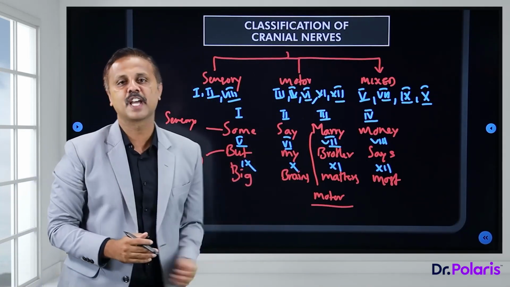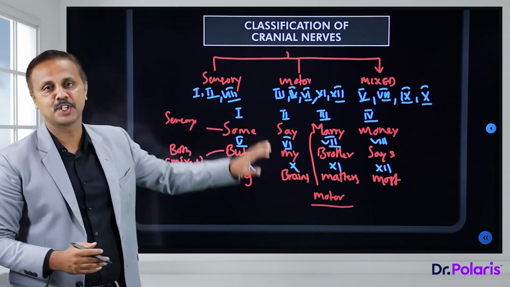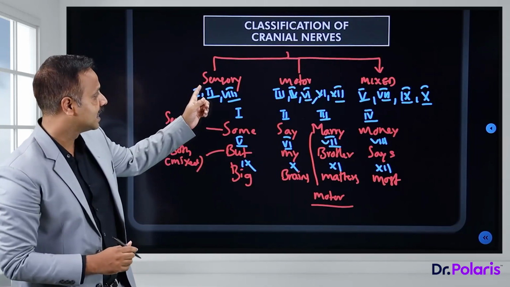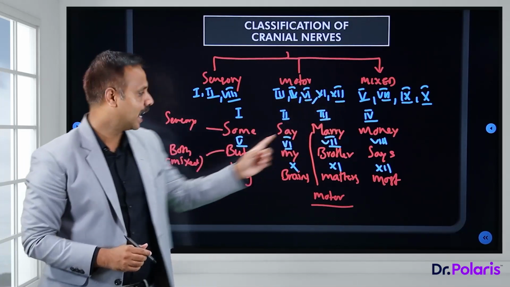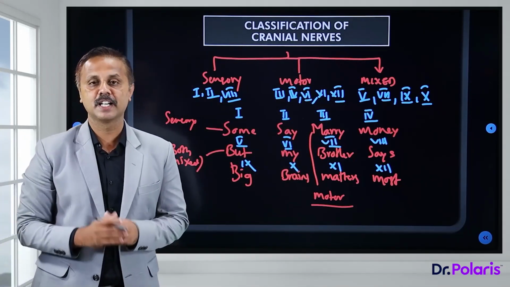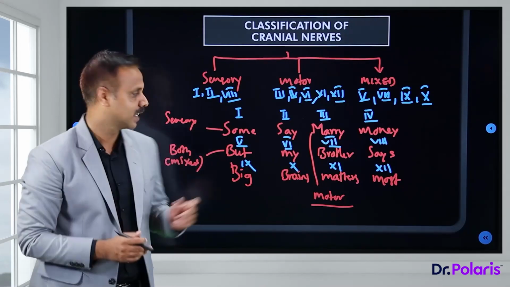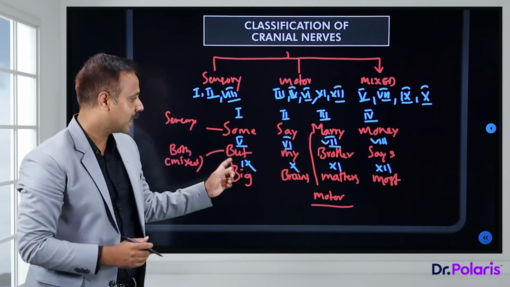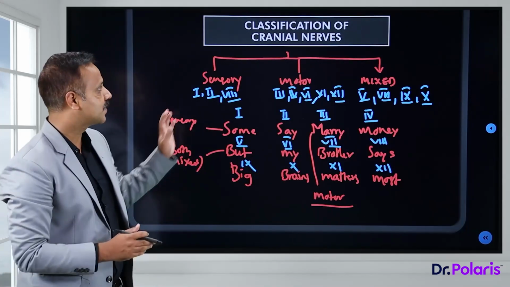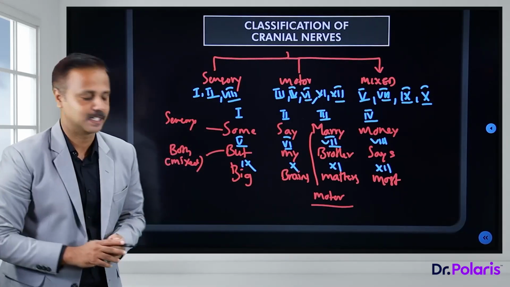This is how we can remember the classification of cranial nerves. They are classified mainly into sensory, motor and mixed, and use this mnemonic to remember the classification of these cranial nerves into sensory, motor or mixed. Some say marry money, but my brother says big brains matter most, right? This is regarding classification of cranial nerves, right?